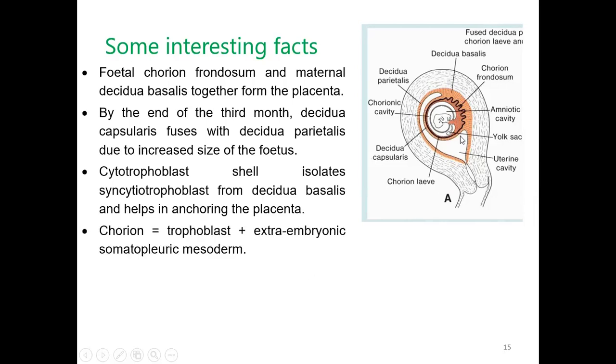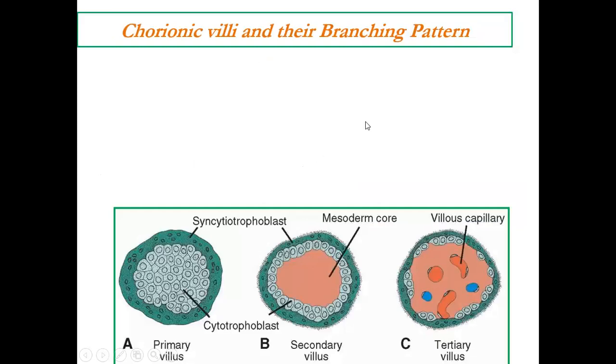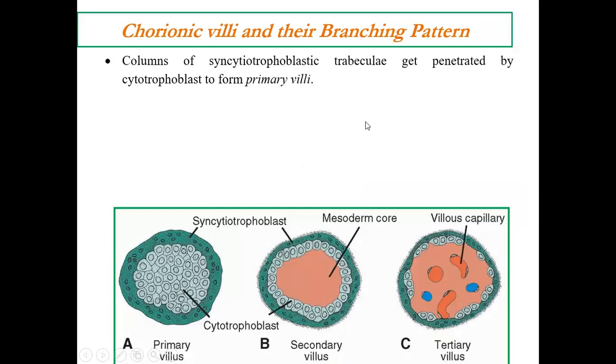So what is chorion? Chorion is trophoblast plus extraembryonic mesoderm. We have to remember this. That is extraembryonic somatopleuric mesoderm. And what is decidua? It is the stratum compactum of the uterine endometrium during pregnancy. Now the chorionic villi and their branching pattern.